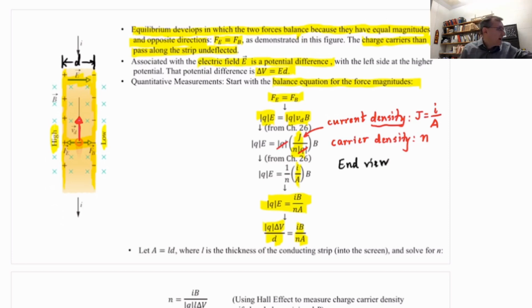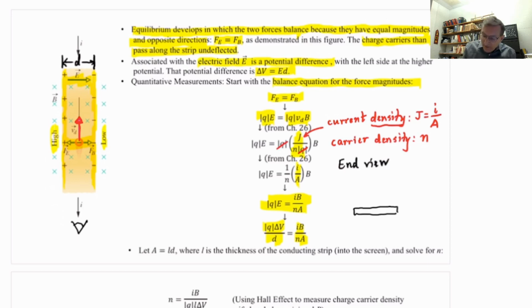Okay, so again, if I imagine this book as being the strip, I can look down on it from above this way. The current's coming in this way and coming out that way. Or I can look at it end view this way, with the current coming straight at me. And then the strip looks like that. So I'm kind of imagining there's my eye right there, with the current coming straight at me.